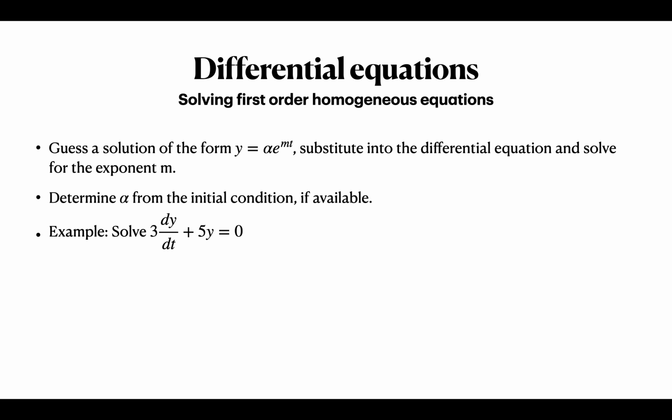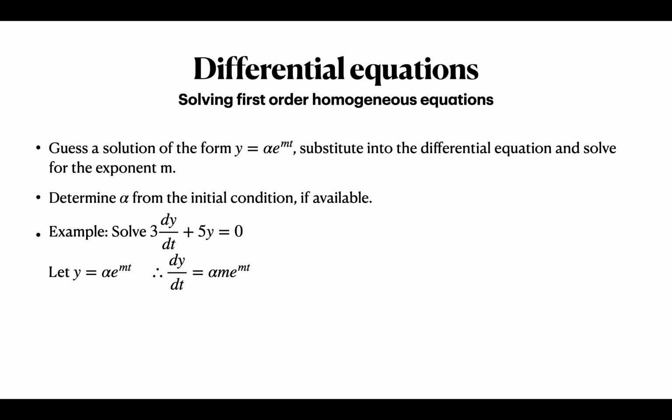So let's solve 3 dy dt plus 5y equal to 0. Now, guys, remember what the goal here is. We want y in terms of t. So you substitute y equal to alpha exponential mt into that differential equation. We need dy dt in order to substitute into the differential equation.